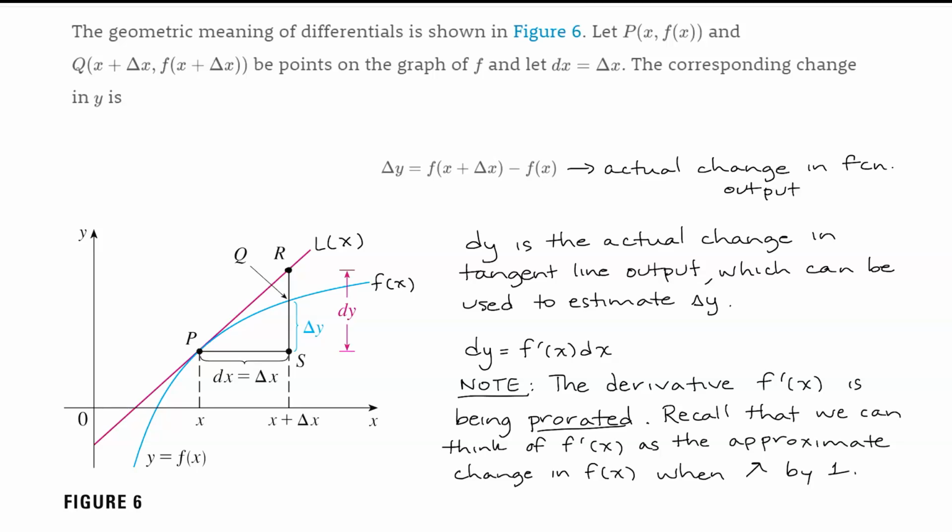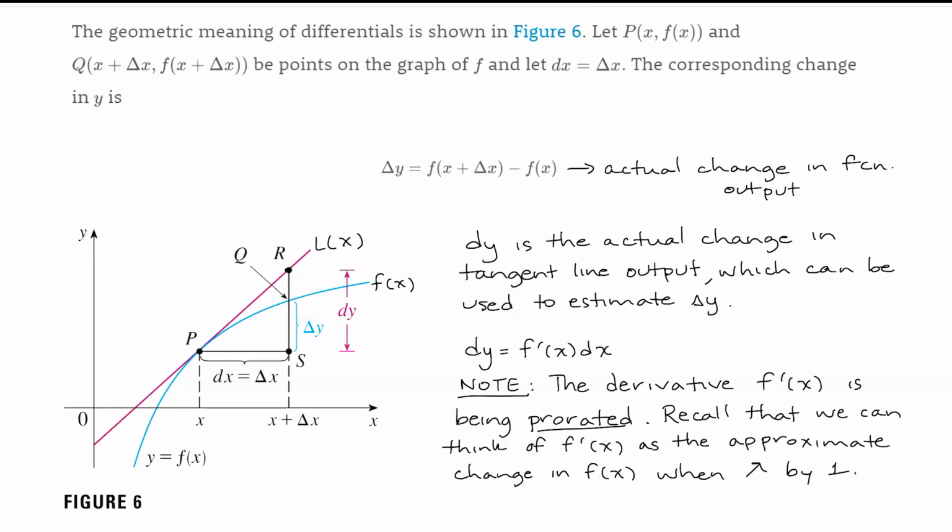So when we take f prime and multiply it by dx, we're actually prorating how much we expect the y to change. So for example, if f prime was equal to 4, then part of what that means, the slope of the tangent line is 4, the instantaneous rate of change is 4.